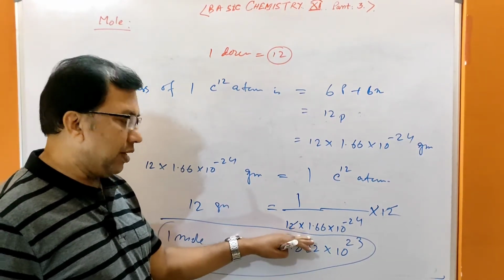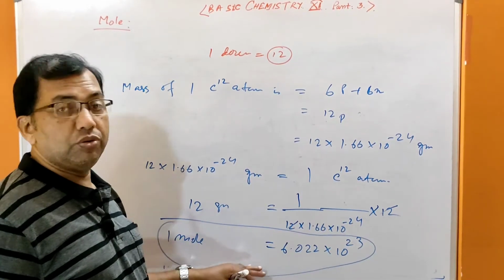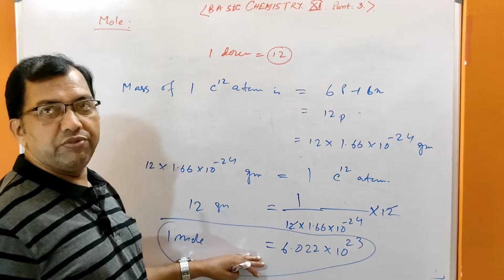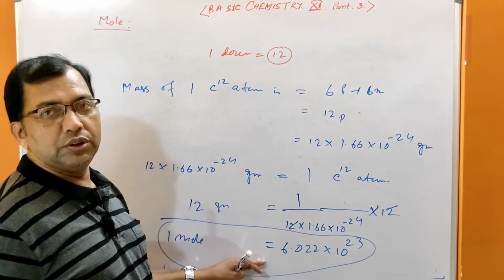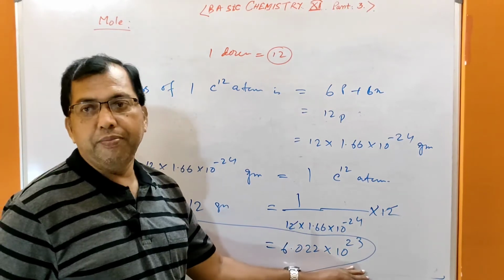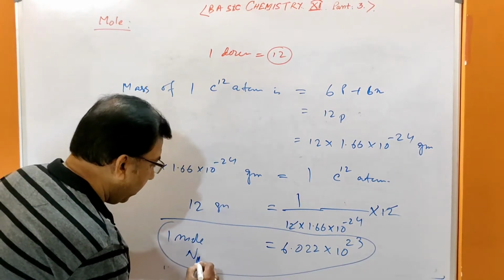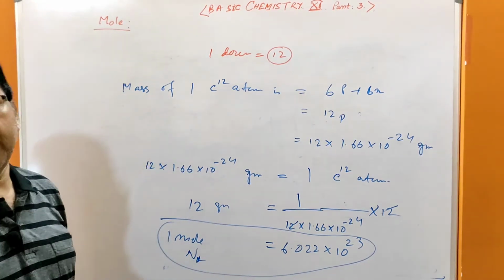Who discovered it? Avogadro first gave the concept of mole. So according to him, this is known as Avogadro number, Na.